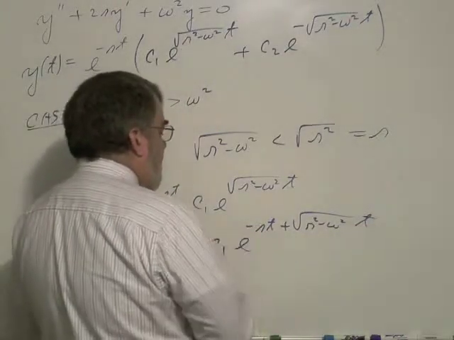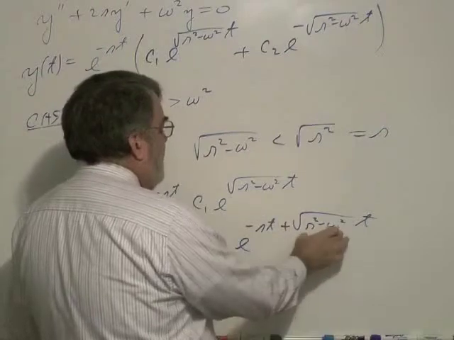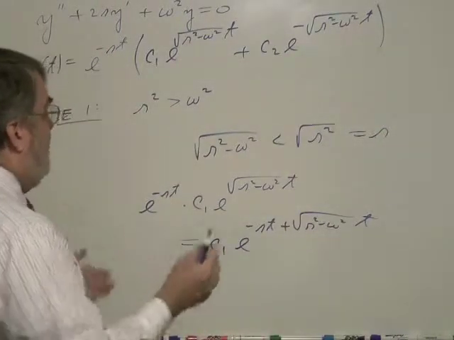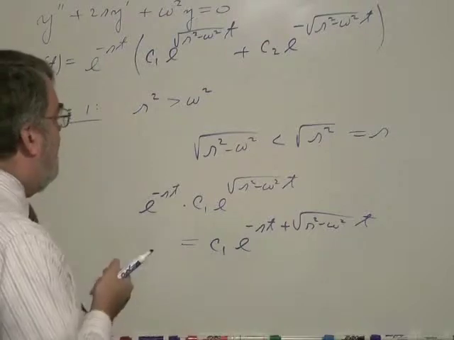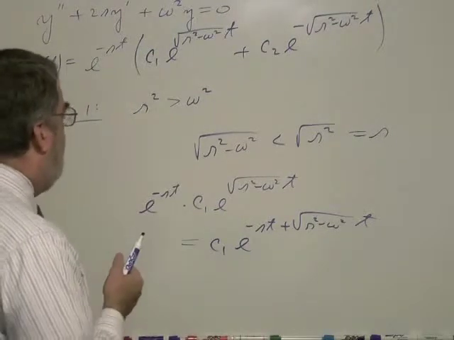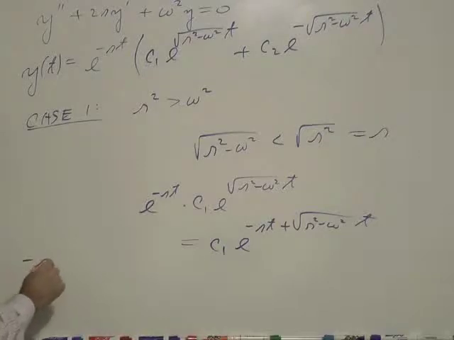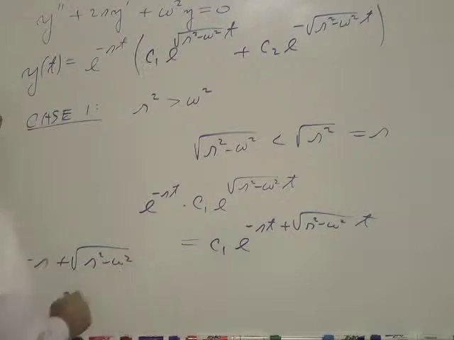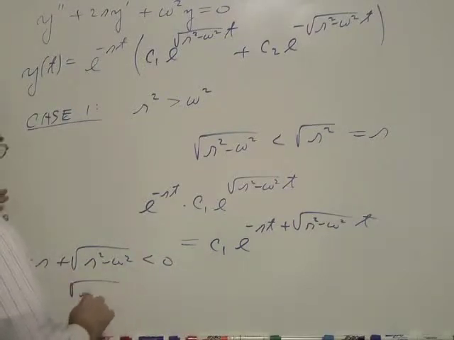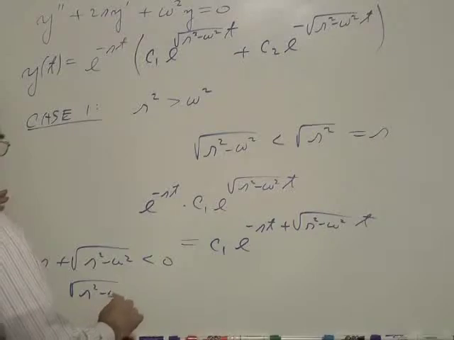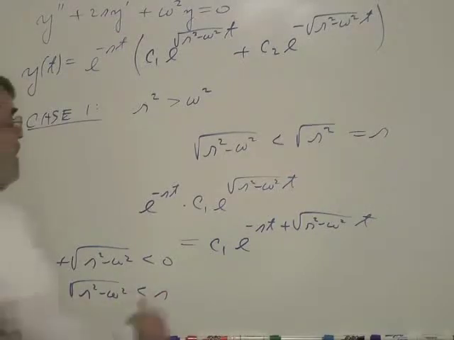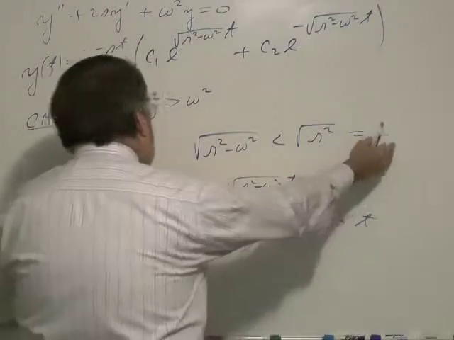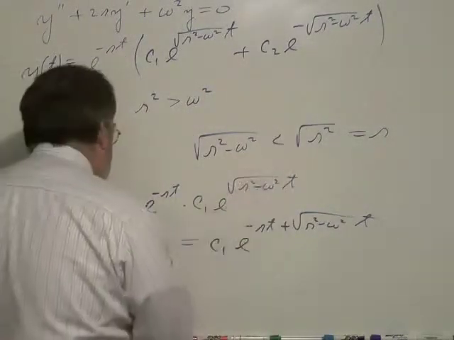Minus r is going to be a larger negative number than the square root of r squared minus omega squared. So, is that true? If I had minus r plus the square root of r squared minus omega squared, is that actually negative? Well, if I add r to both sides, the square root of r squared minus omega squared is less than positive r. So I could go from here, subtract negative r, and it's going to be less than 0.